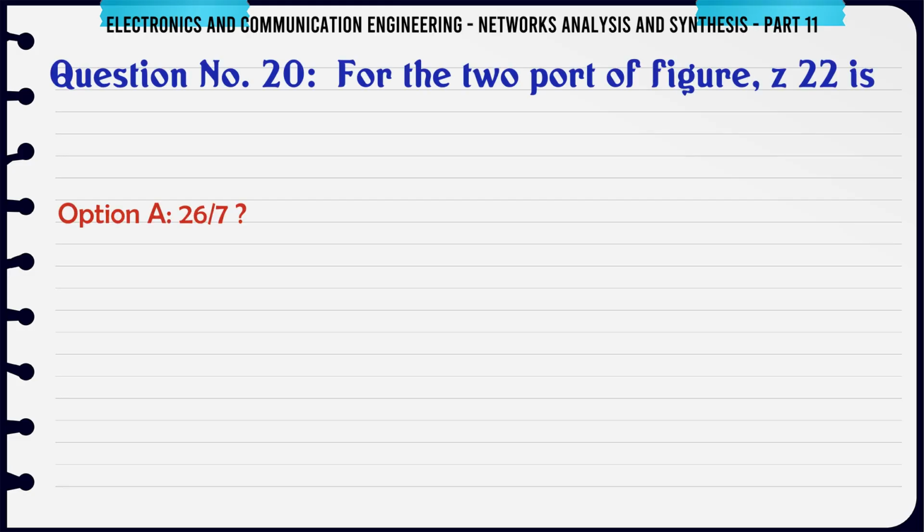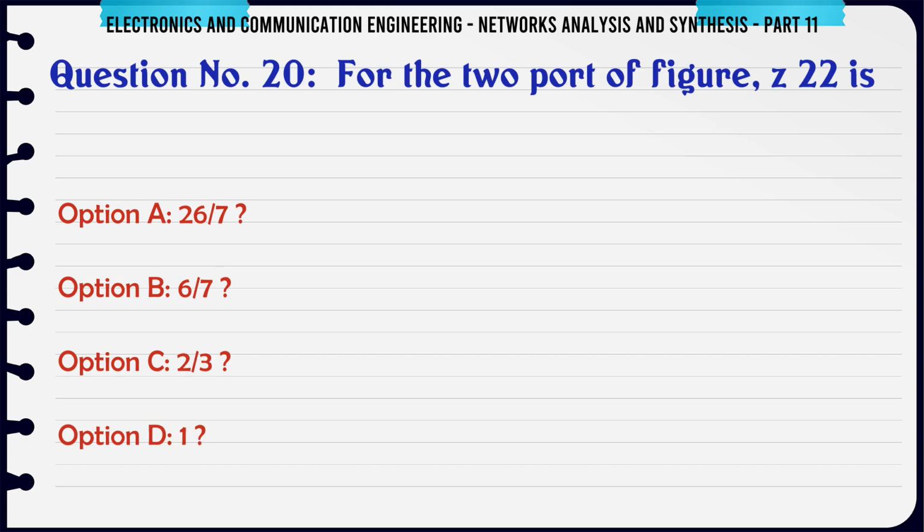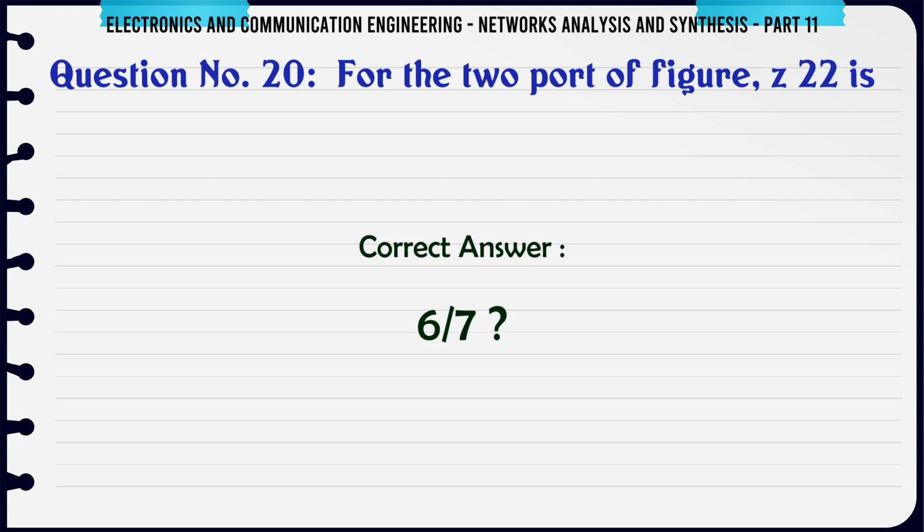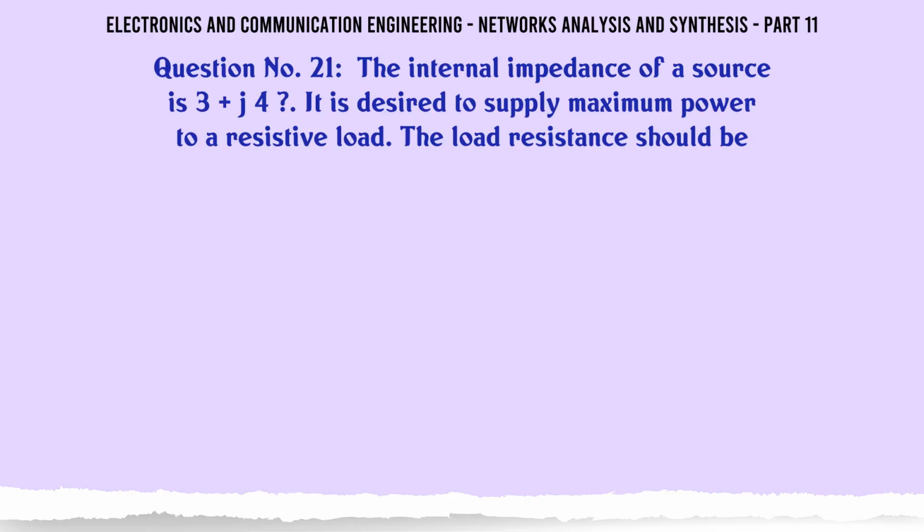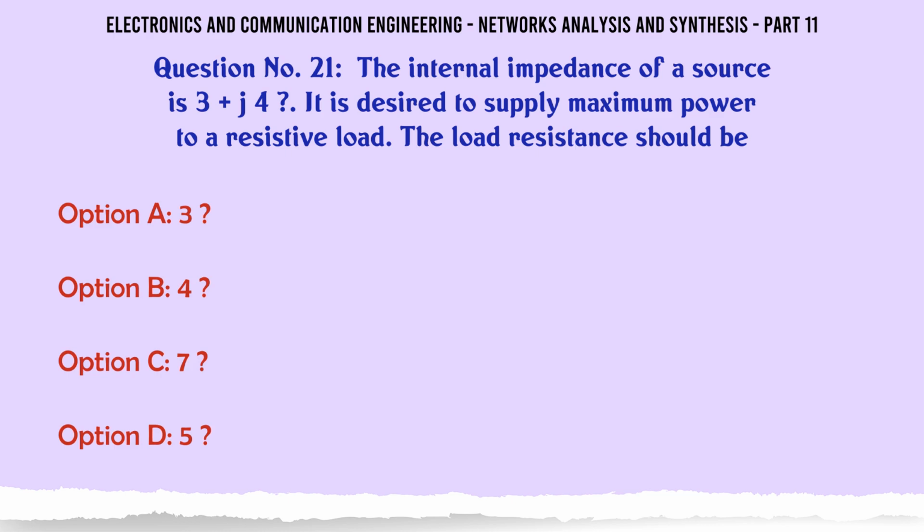For the two-port of the figure, Z22 is A 26/7, B 6/7, C 2/3, D 1. The correct answer is 6/7. The internal impedance of a source is 3+j4. It is desired to supply maximum power to a resistive load.